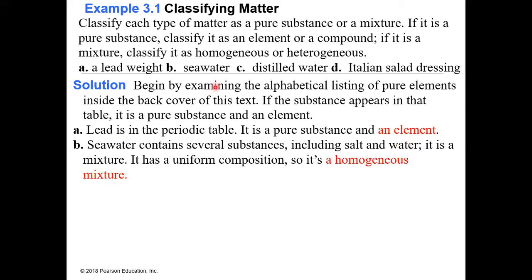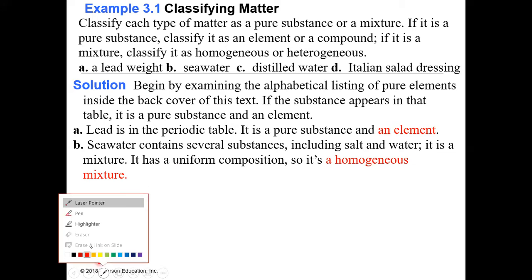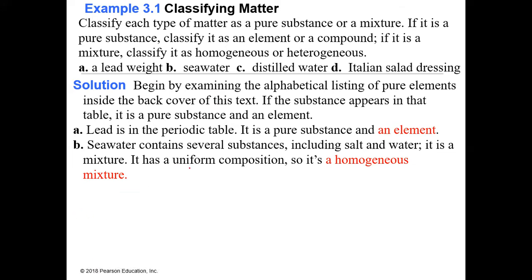Seawater. As we saw before, it contains several substances, including salt and water. It is a mixture. It has uniform composition. Uniform means that with our naked eye, we cannot tell the difference.